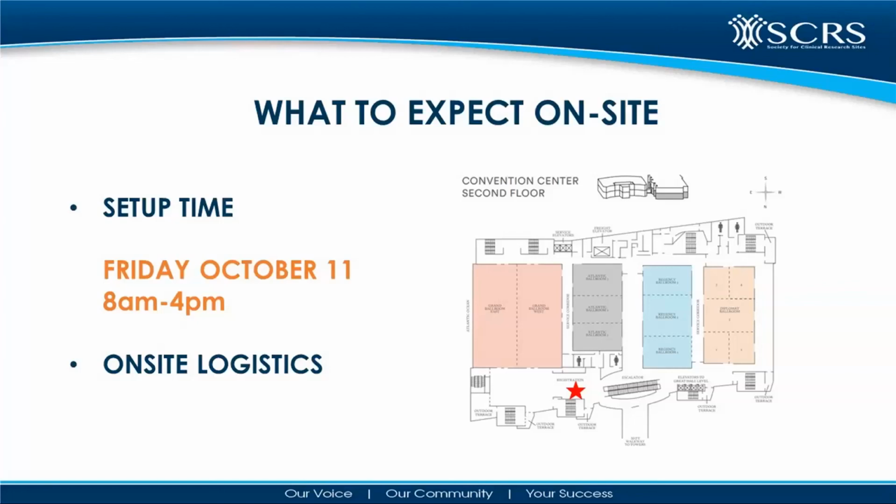You'll basically walk across this walkway at the south side of this diagram, or come up the escalator here near the red star to find the second floor. And we will be right here at the registration area working to help you get your badges and get set up. One thing that the team at the Reg Desk does not handle is exhibitor logistics, but we have a great team from Advantage that does.